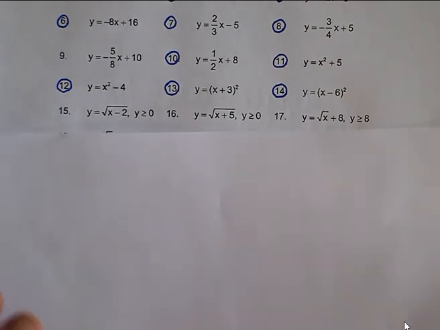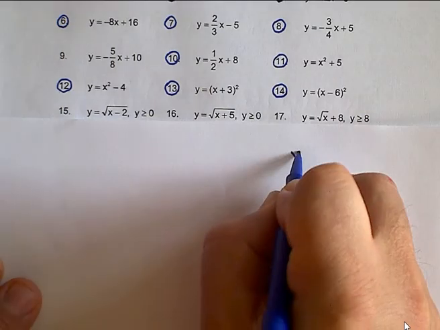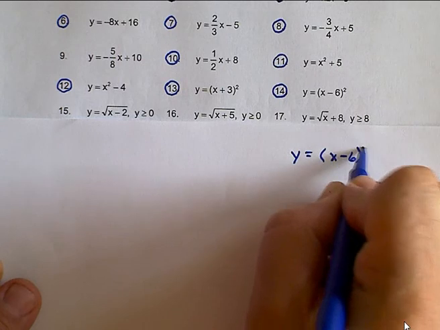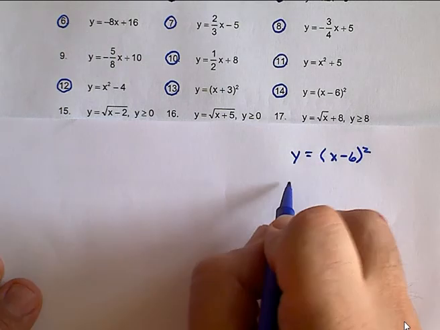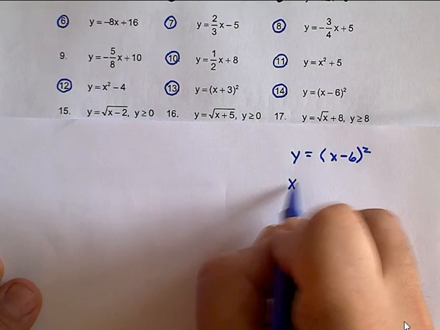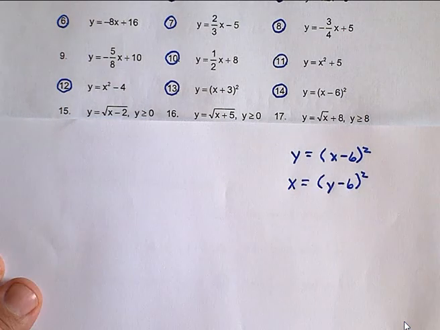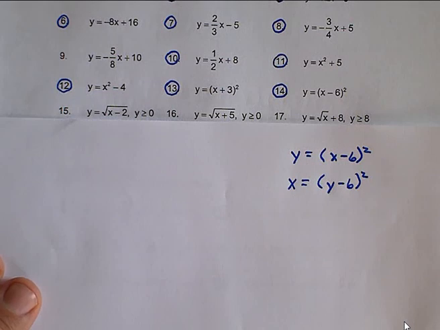Let's do number 14. If I know that y equals x minus 6 quantity squared, again, switch. So x equals the quantity y minus 6 quantity squared. Now think about what you have to do to solve that. To get that y by itself, my first step is going to be to undo that square, that exponent.